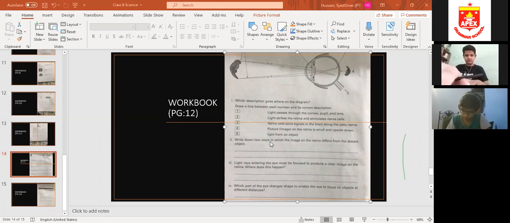In the first line, write down the image is smaller than the object. You can write in your own words as well. Secondly, you can write it is inverted or upside down. Upside down or laterally inverted. Write inverted. Upside down or inverted.